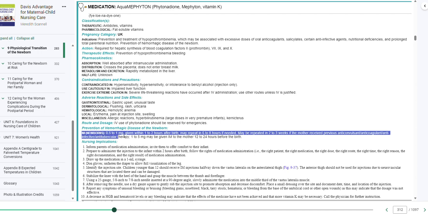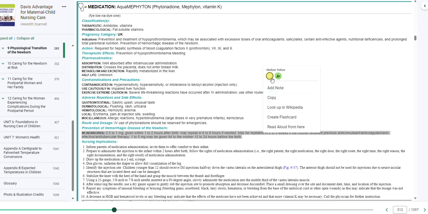Right here. IM, 1 to 2 hours after birth. It may be repeated, but it's usually not repeated unless there's an issue. We give 0.5 to 1 milligram of vitamin K IM. Where do we give it? In the vastus lateralis, which is also a wink and a lollipop.